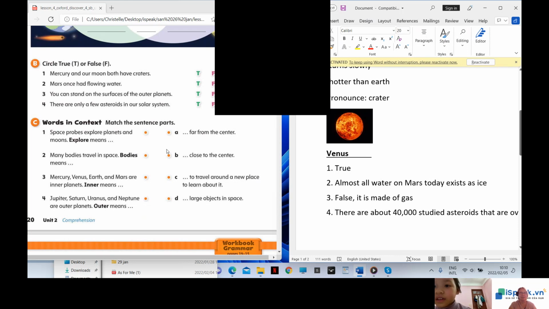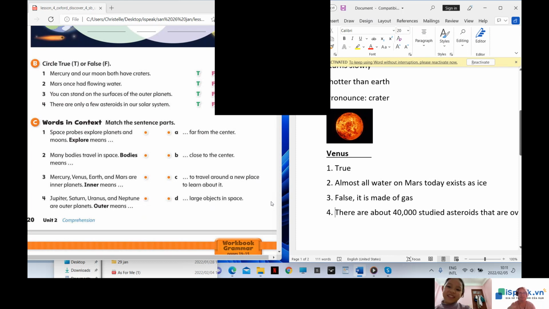Far from the center. So number 1, space probes explore planets and moons. What does explore mean? A, B, C, or D? Far from the center? Are you sure? Exploring. I am exploring this lesson. What would that mean? Explore.